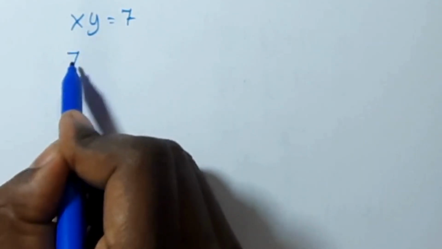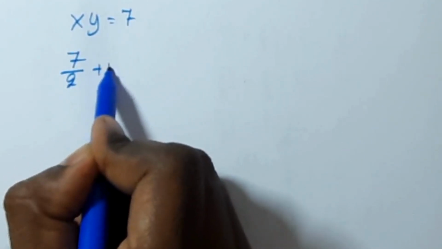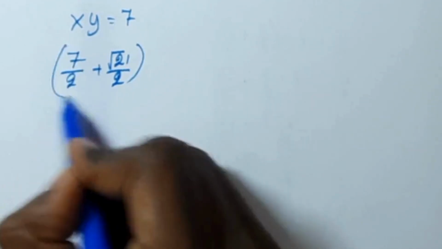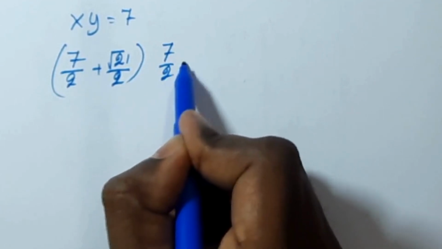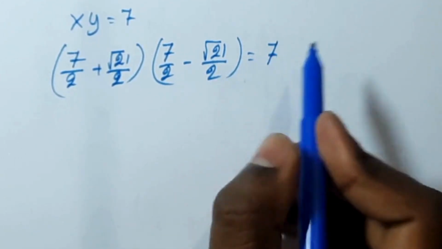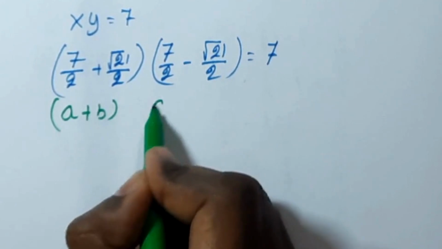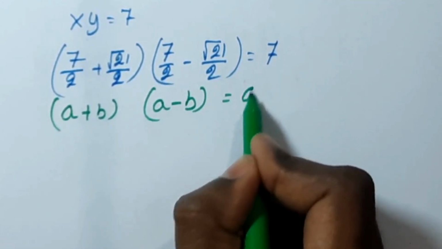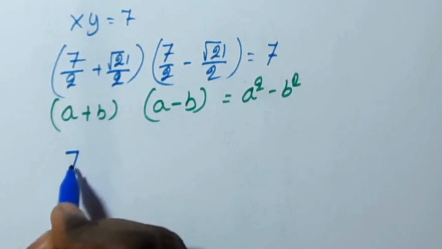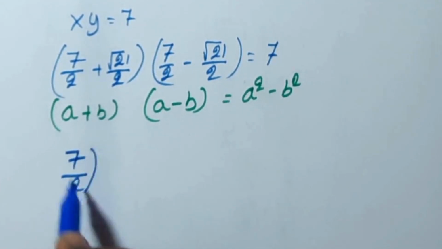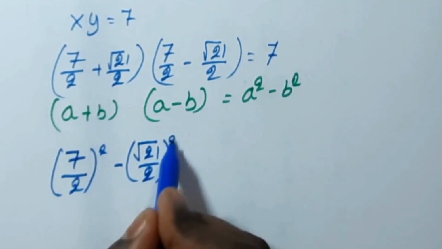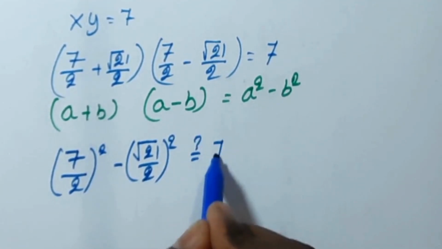Now x is 7 by 2 plus square root of 21 by 2, and y is 7 by 2 minus square root of 21 by 2, and the product equals 7. Using the formula (a plus b)(a minus b) equals a squared minus b squared, we apply it here: 7 by 2 whole squared minus square root of 21 by 2 whole squared equals 7.